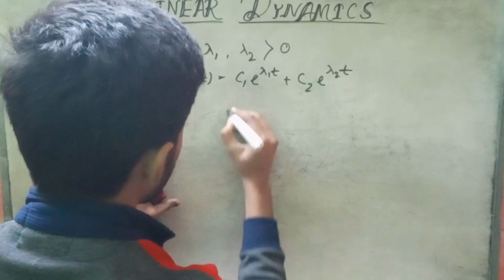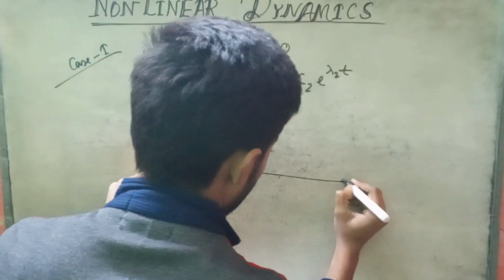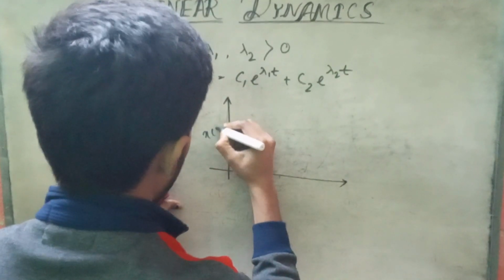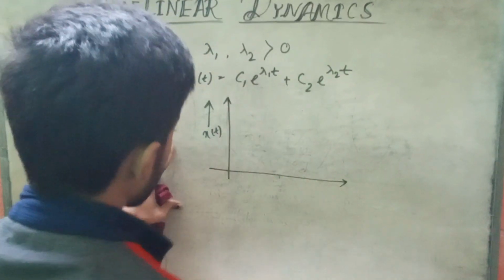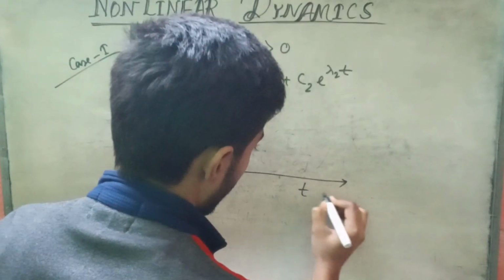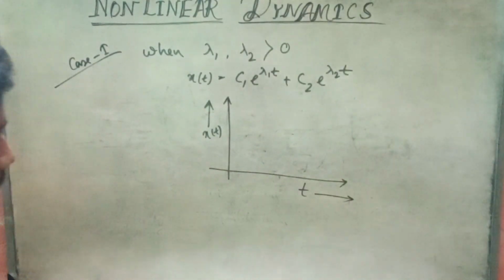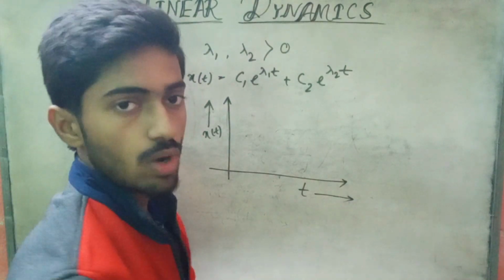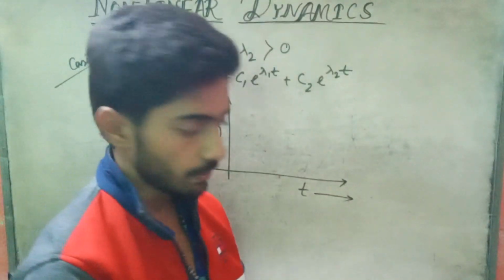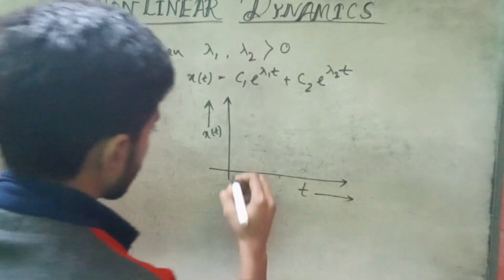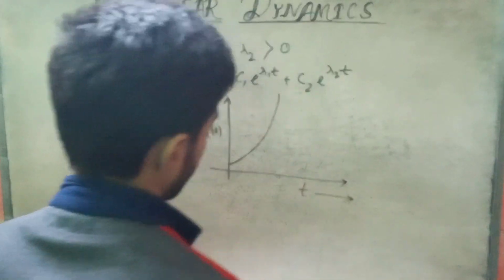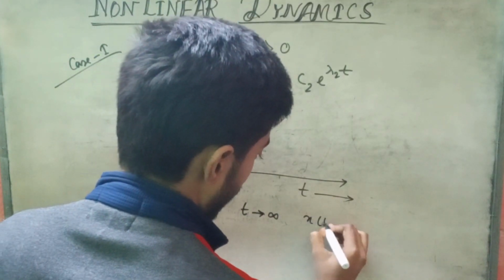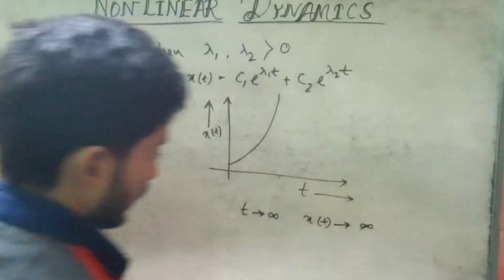So if we plot this solution, along y this is x(t), and along x this is t, time, right? So as lambda 1 and lambda 2 both are positive, the solution is just like this, right? As t tends to infinity, x(t) tends to infinity.